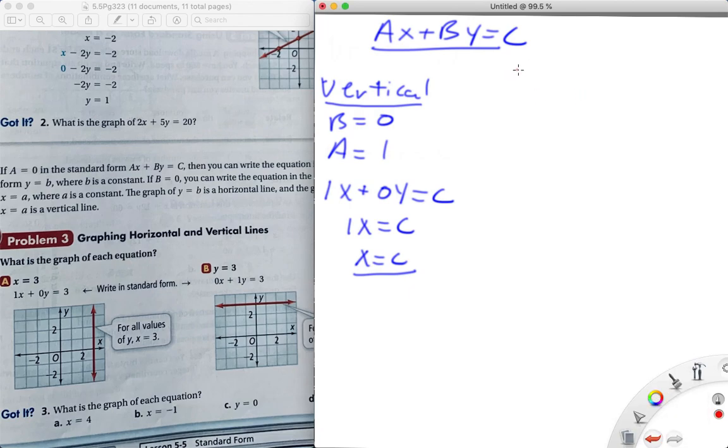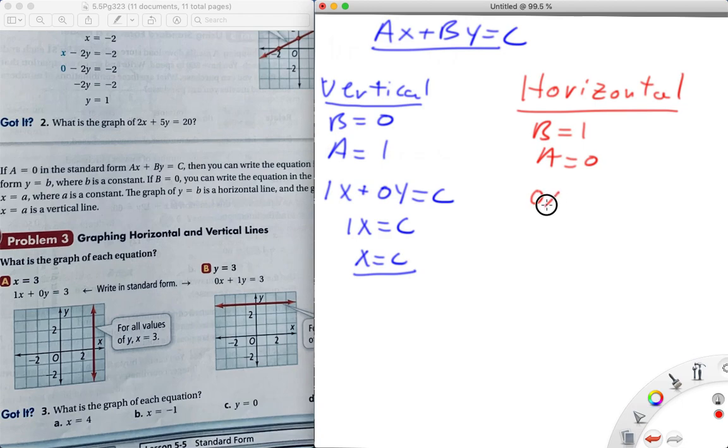When we talk about a horizontal line, it switches. B is equal to 1. A is equal to 0. So it's going to be in the form of 0x plus 1y equals C, right? That goes away. That's 0x because it's 0.